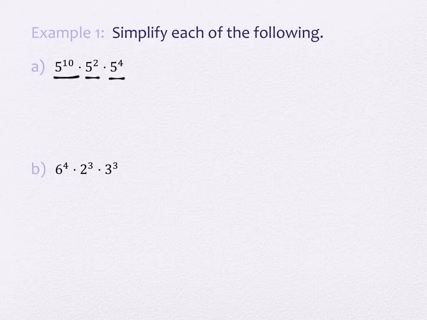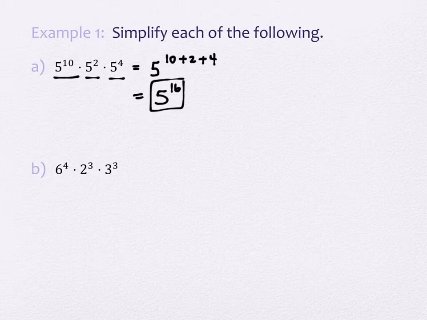I mean, there's 3 of them, but this is multiplication. They have the same base. So what do I do with the exponents? I add them. And it works just the same way with 3 numbers as it did with 2. So this is 10 plus 2 plus 4, which gives me 5 to the what? 16. And that's all the problem's asking you for. That's it.